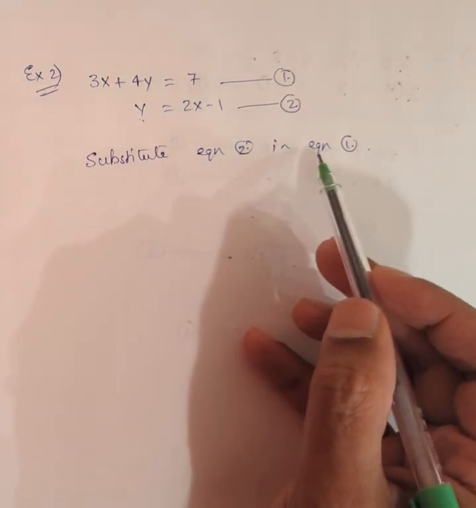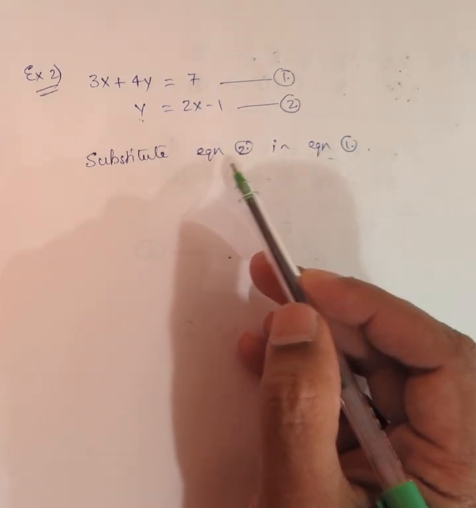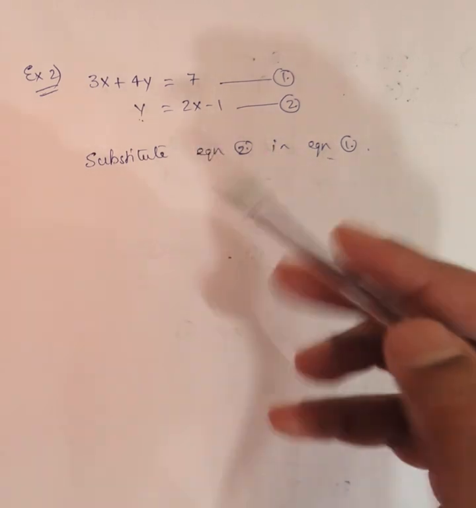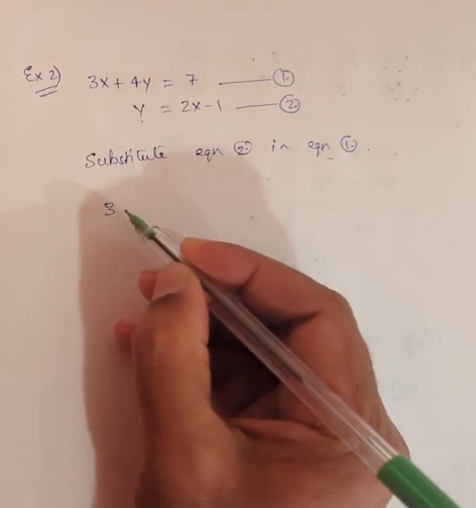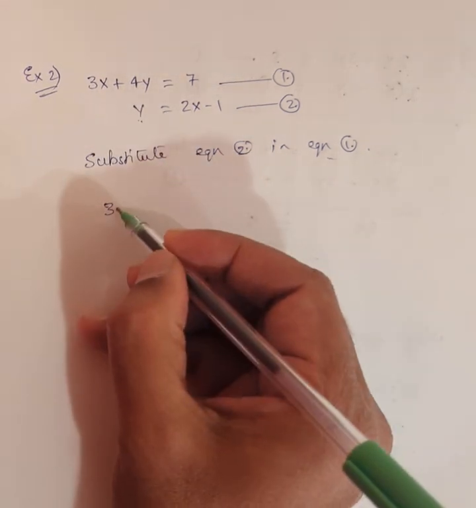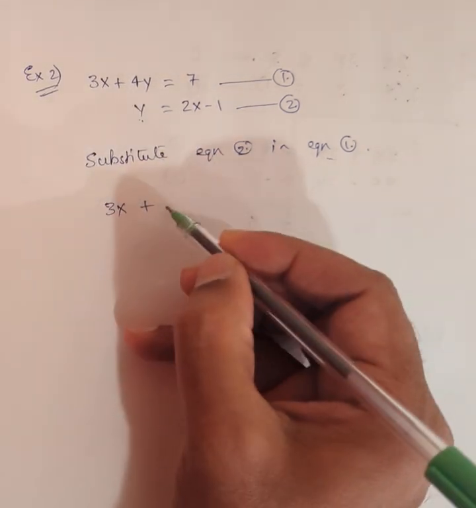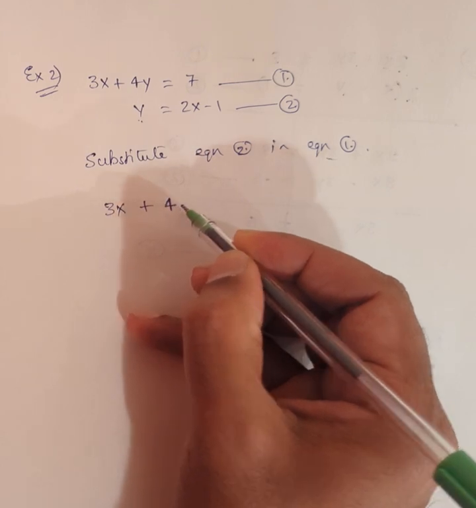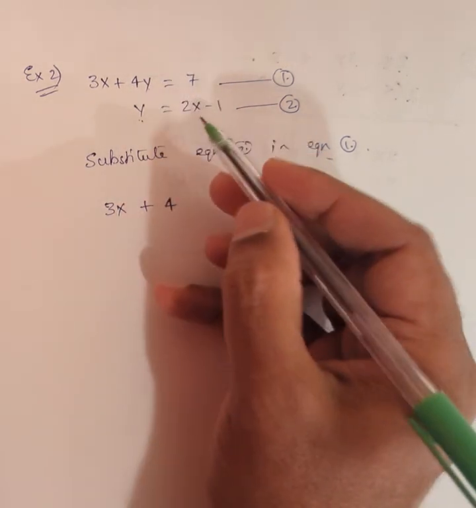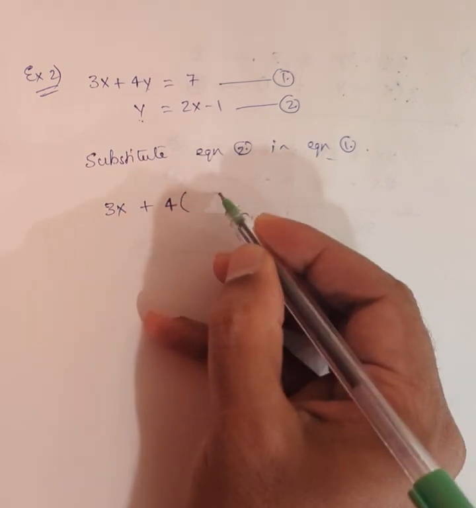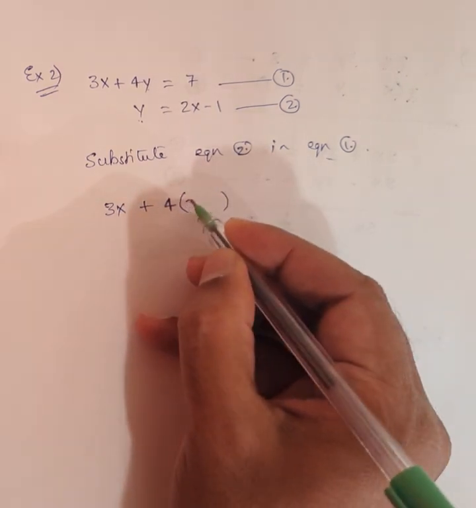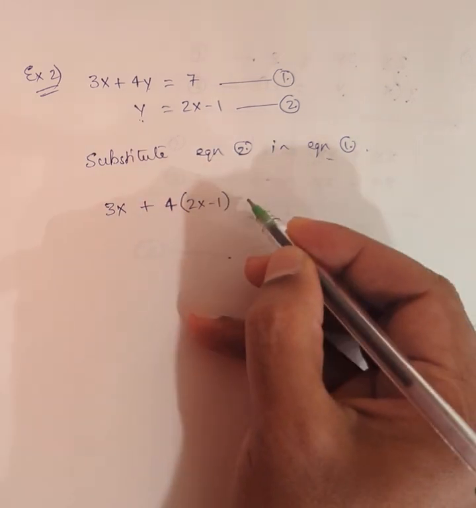That means you're going to rewrite equation 1 with equation 2 substituted. I'm going to copy the 3x plus 4, but I'm not going to write y. Instead I'm going to substitute equation 2, meaning I'm going to replace y with 2x minus 1.